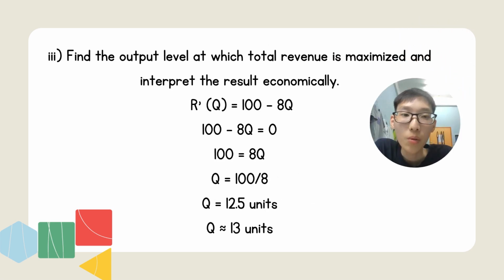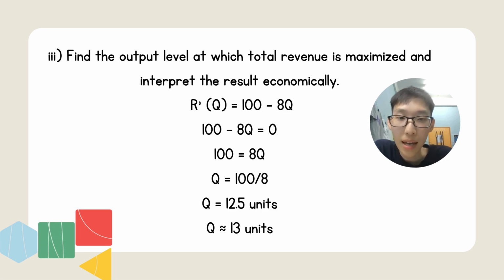Now I'm going to proceed with question 1 Roman 3. Find the output level at which total revenue is maximized and interpret the result economically. So first of all, we have the R prime function equal to 100 minus 8Q. Let R prime equal to 0, and we will get 100 minus 8Q equal to 0. Then moving the negative 8Q from left hand side to right hand side, the negative sign will be eliminated, and we will get 100 equal to 8Q.